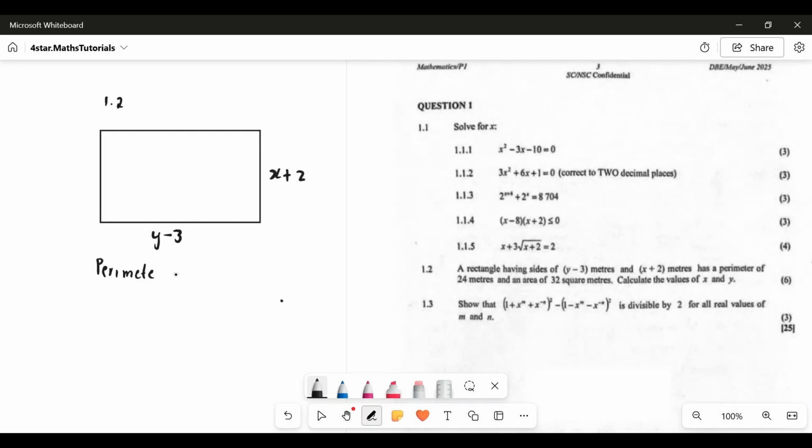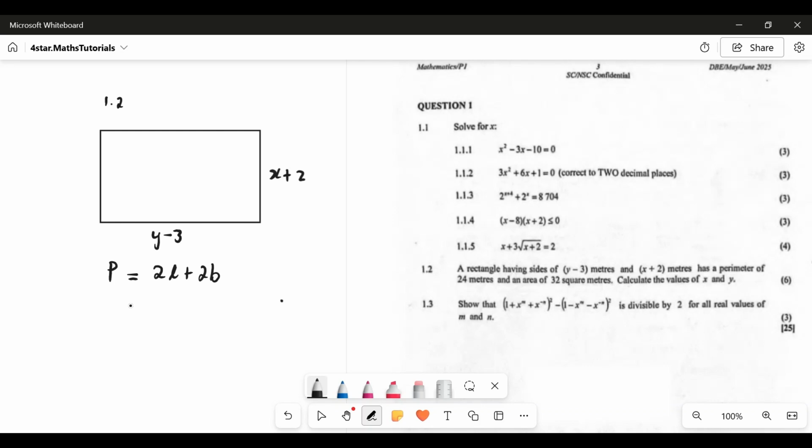We know that the perimeter of any rectangle, let me use P for perimeter, is equal to 2 times the length plus 2 times the breadth.